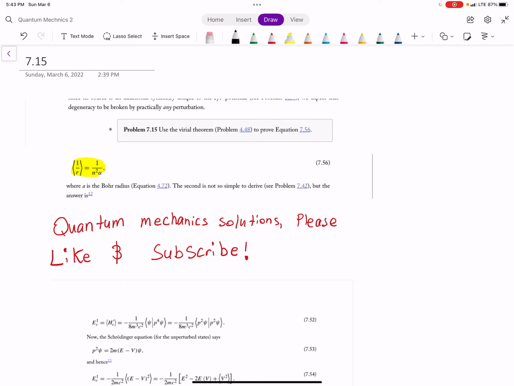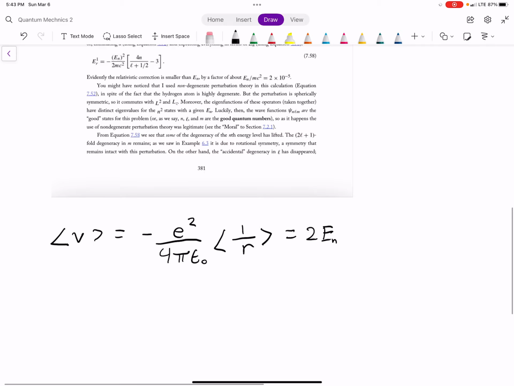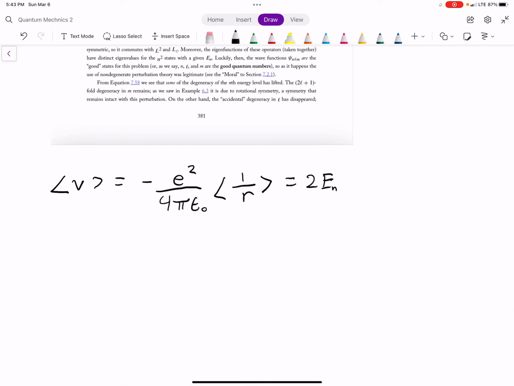So that's our theorem there. Now we can solve for the expectation value of 1 over r. Just multiplying and dividing over, that's going to be minus 4 pi epsilon naught over e squared, that's our fundamental charge, times 2 times e sub n.